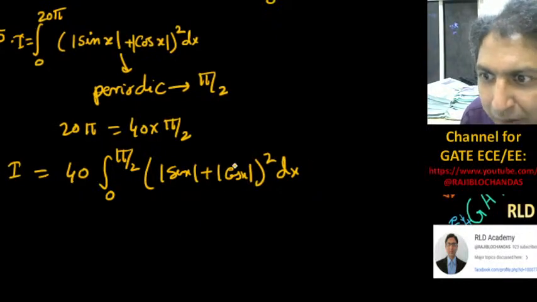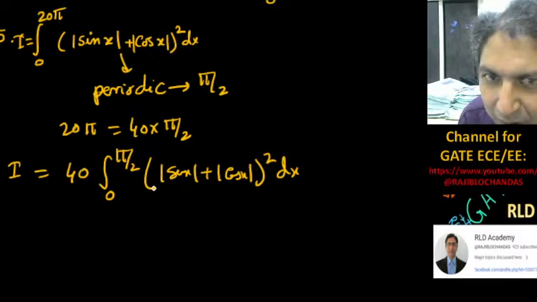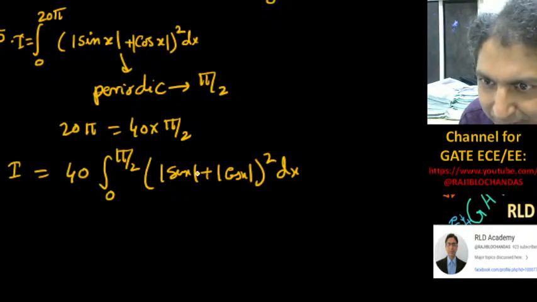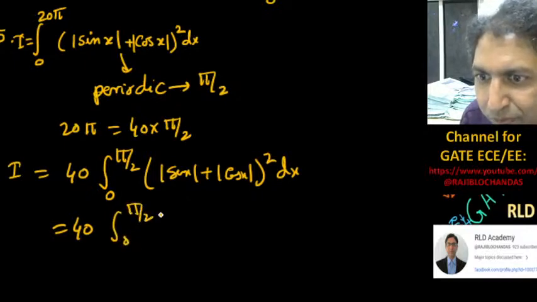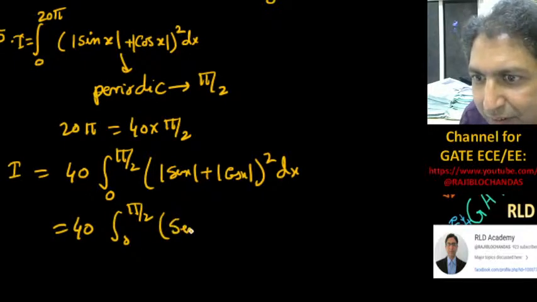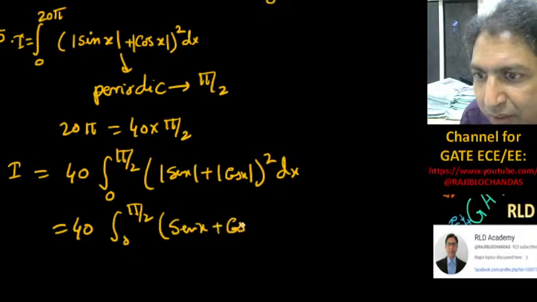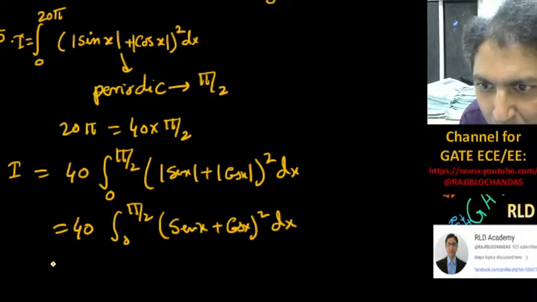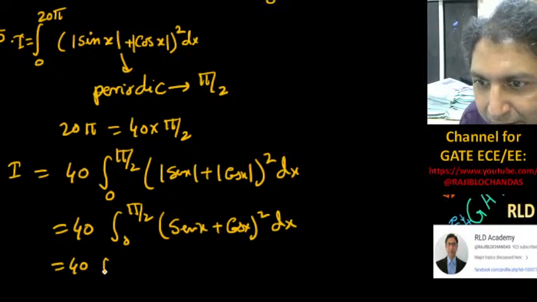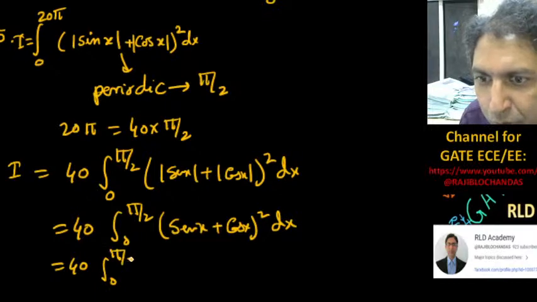Now within this range 0 to pi by 2, both sin and cos are positive. So now I can remove this mod sign. So this is your 40, and within this 0 to pi by 2, this is your sin x simple, and this is your cos x, and that square dx. Now we can expand this one. This is 40, this is 0 to pi by 2.